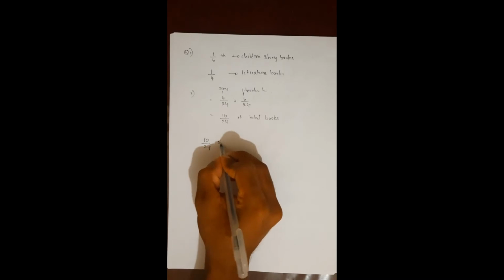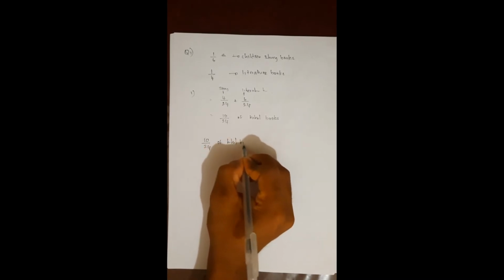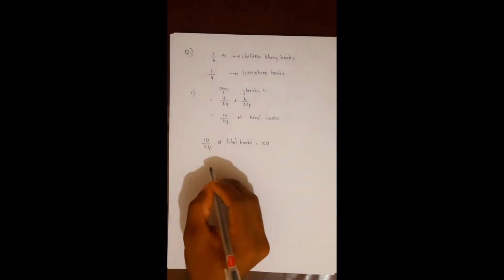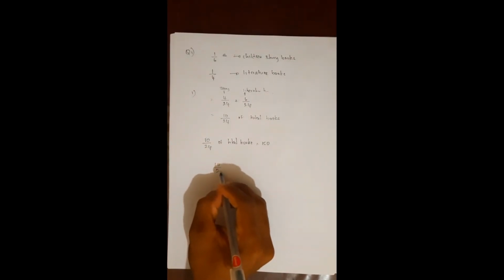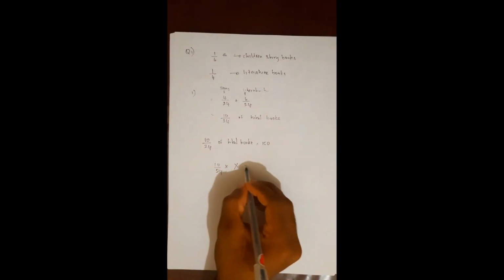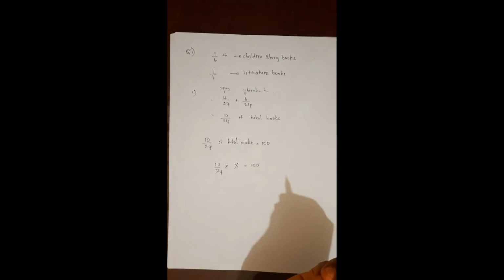This 10 over 24 of the total books is equal to 150. Let's consider the total books as x. Whatever the unknowns, we put them as x, y, gamma, theta, whatever, so we mark it as 10 over 24 times big X. This is multiplication, and X is 150.